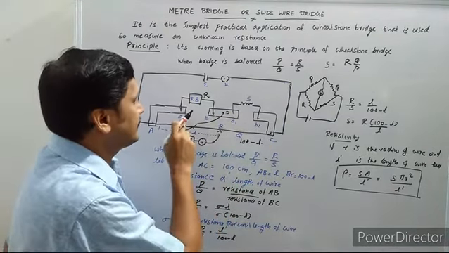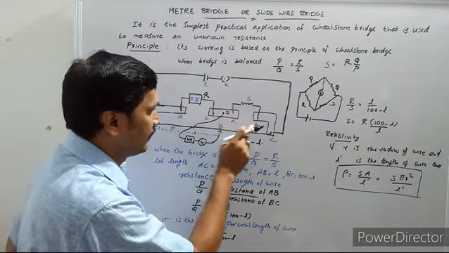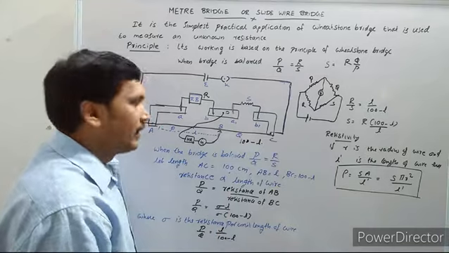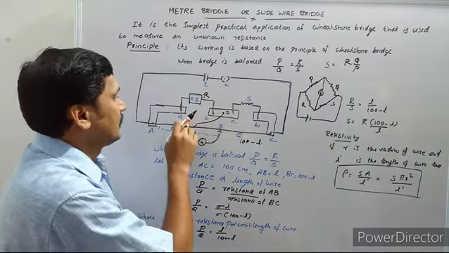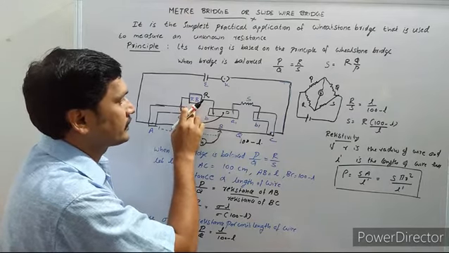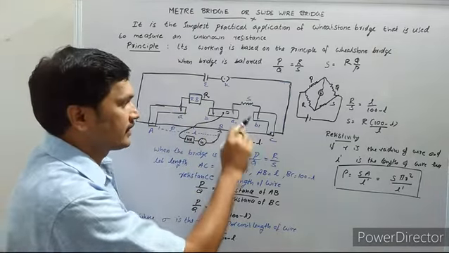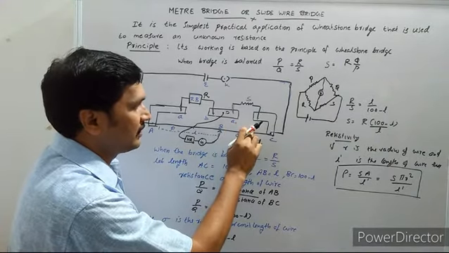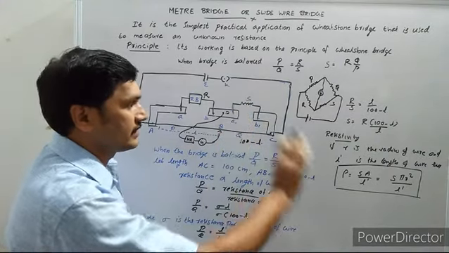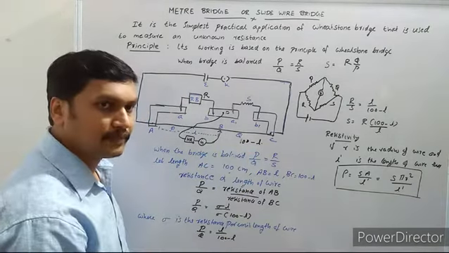This arrangement provides two gaps, AB and A1B1. In the first gap AB, we connect a resistance box, which is a variable resistance. In the second gap A1B1, we connect an unknown resistance. Say S is the unknown resistance which is to be measured.